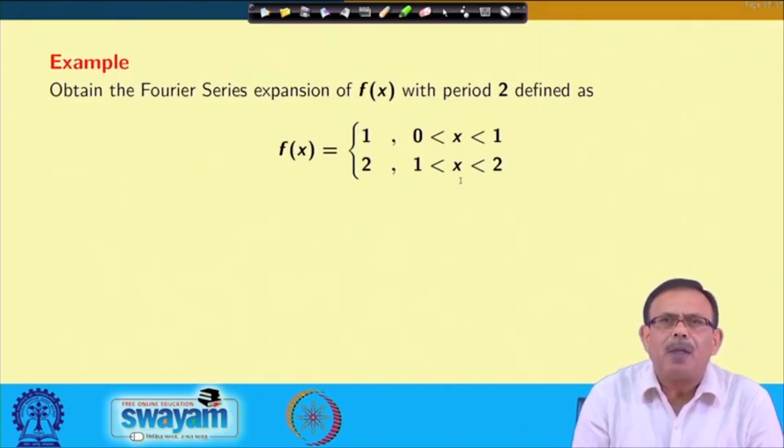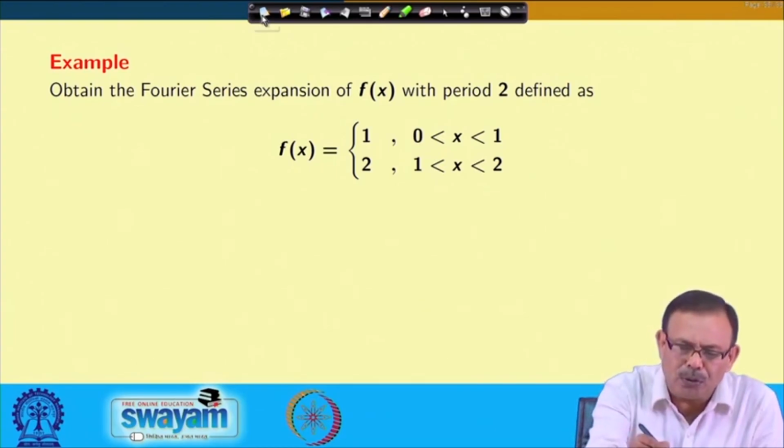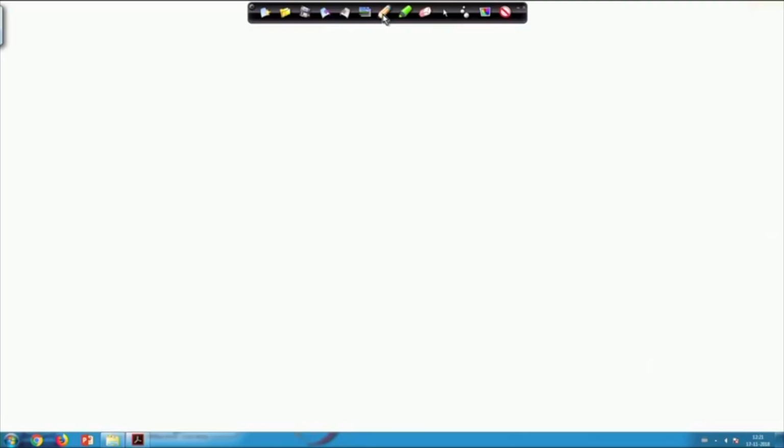A function is given with a period 2, where f x equals 1 for x between 0 to 1 and 2 for 1 to 2. Let us see f x, we are not able to tell whether it is even or odd.